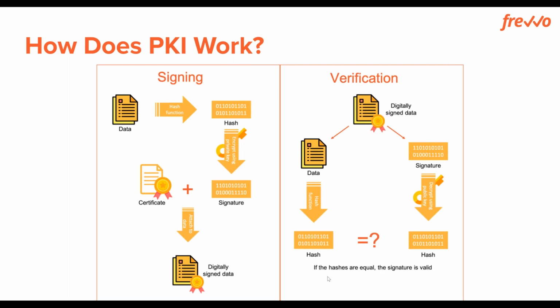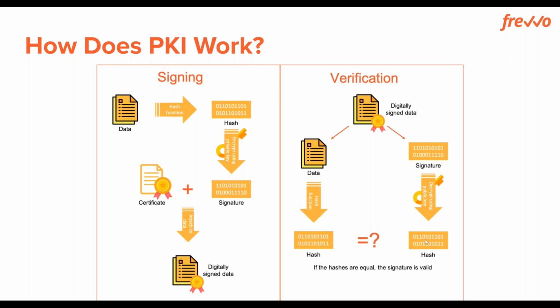Now, on the receiving end, we want to verify that digitally signed data. So we're going to take that data, we're going to run the hash function on it again to discover what the hash is. And that's the left side of the right half of the chart here. At the same time, we're going to take that signature, decrypt it using the public key, and that's going to allow us to see the hash associated with the signature.